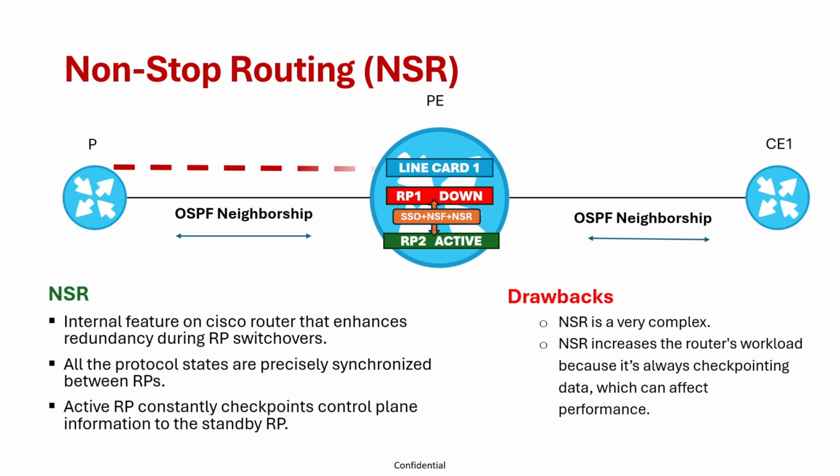So the recommendation is to use SSO plus NSF when you need both control and data plane continuity, along with either GR or NSR. So it depends on whether the neighboring routers support GR or not. Or you can always go ahead with NSR if you have enough resources in your router. That's it for this session.